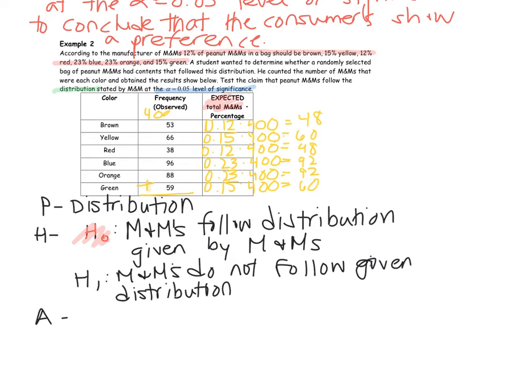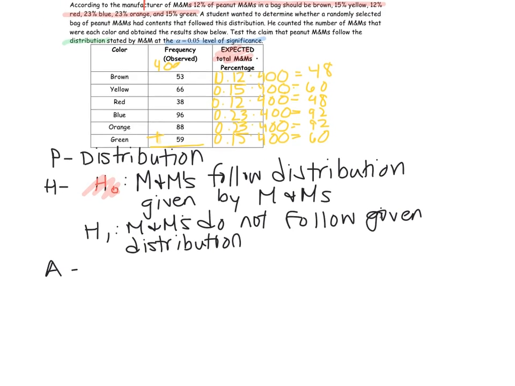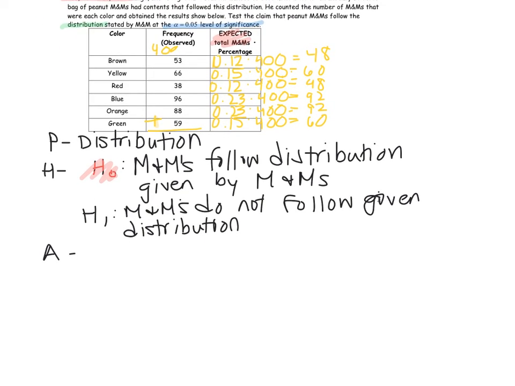Okay, so our assumptions are that all the expected frequencies have to be greater than or equal to 1 and no more than 20% less than 5. Well, we have large numbers, right? Everything is bigger than 5.